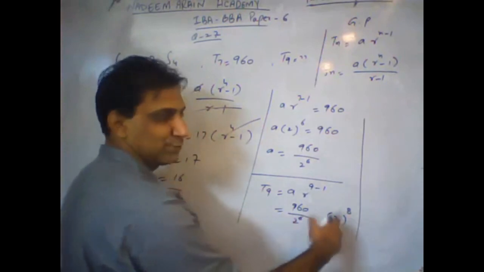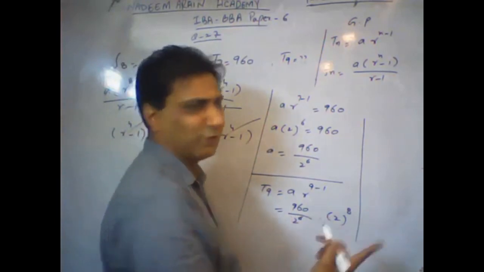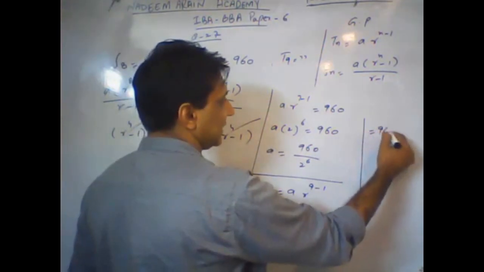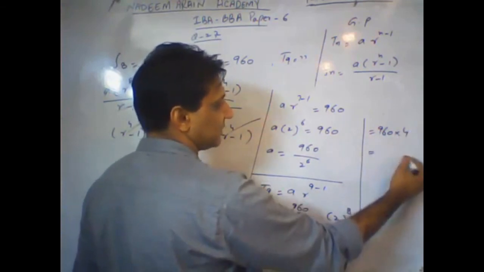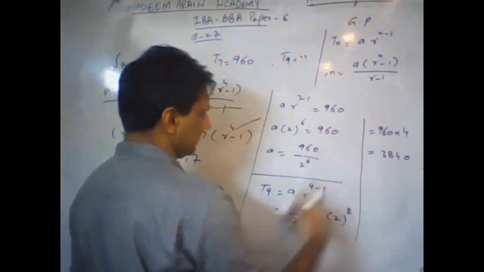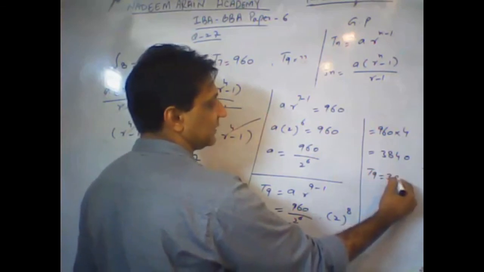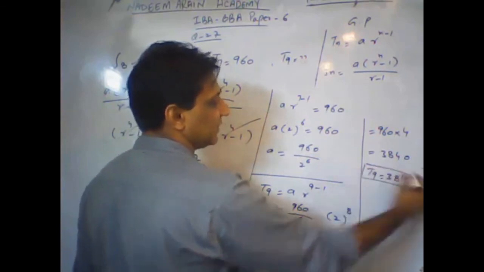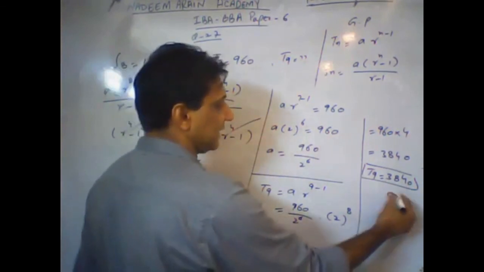So 960 times 2 power 2, or 4. 4 times 0 is 0, 4 times 6 is 24, 4 times 9 is 36, and 38. This is our 9th term. So T9 is equal to 3840. And that is option C.